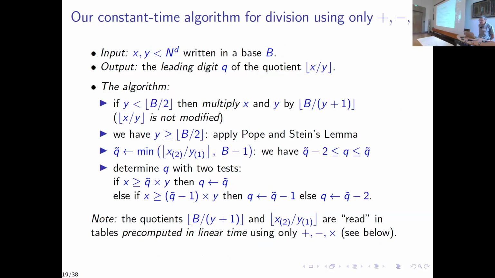For division, you first normalize your divisor if it is too small, you use the approximation, and you determine the exact leading digit with 2 tests, using multiplication, essentially.